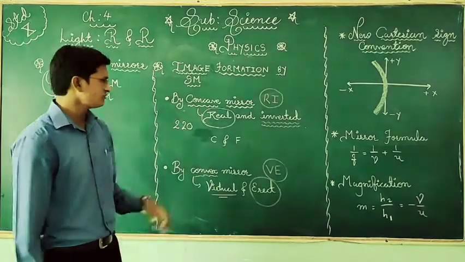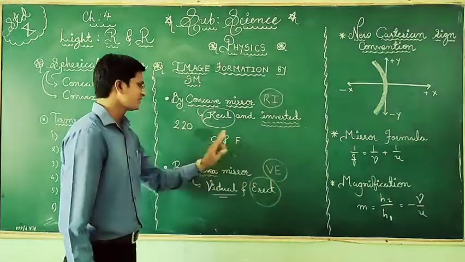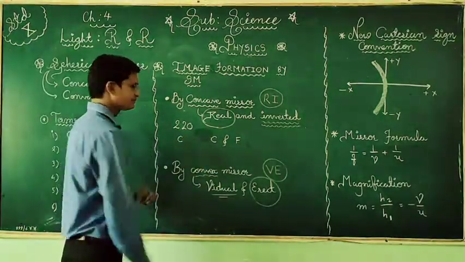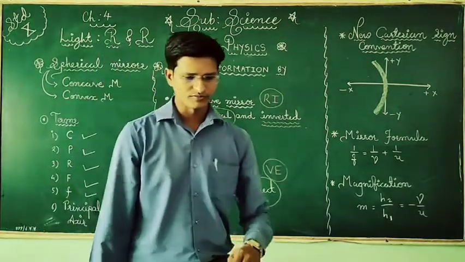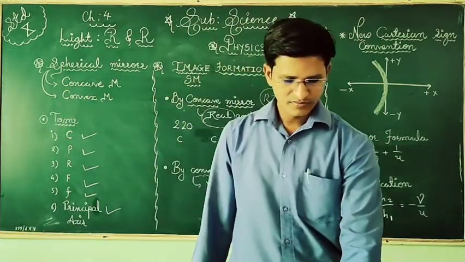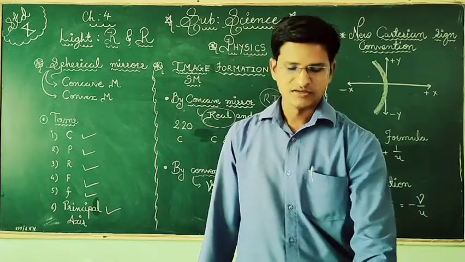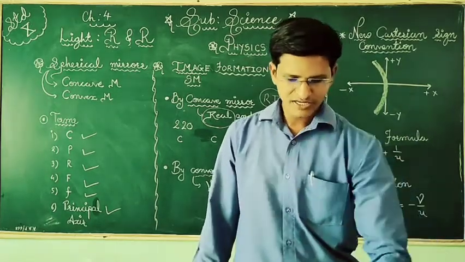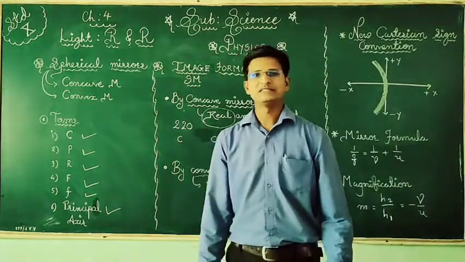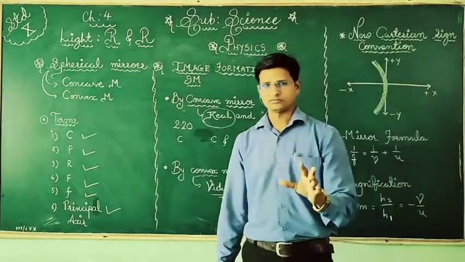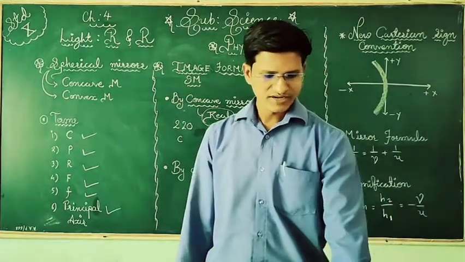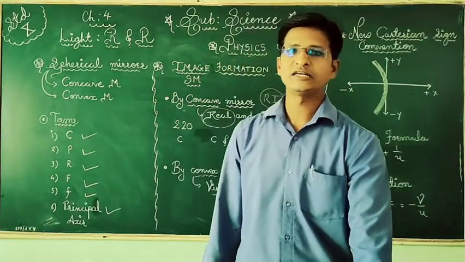So the image is formed between C and F. The nature of the image is real and inverted, and the size of the image is diminished, means small.